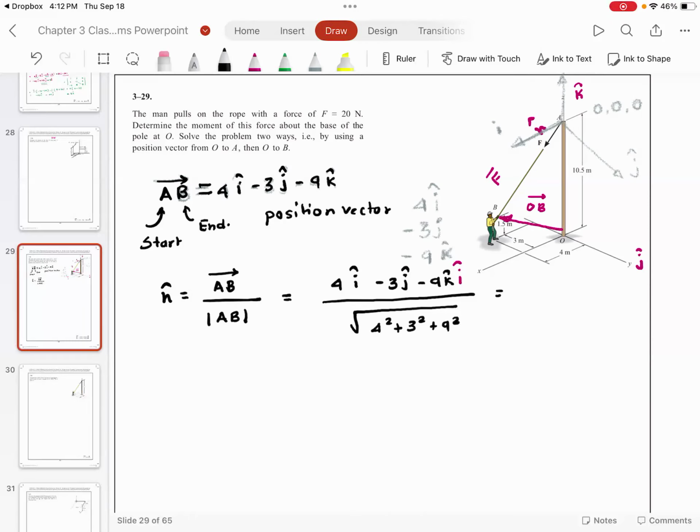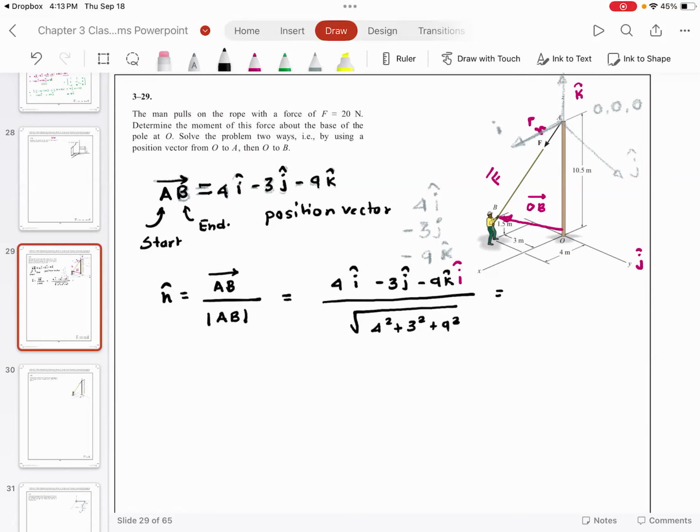Do you agree with me? This unit vector is not giving me the magnitude of the position. It's only telling me that my orientation along A to B is given by n hat.